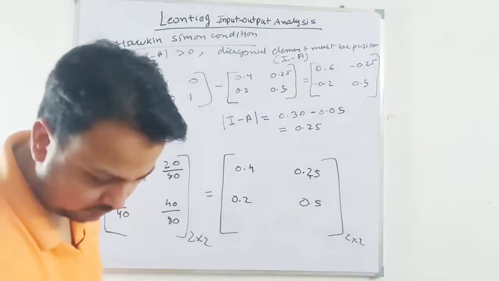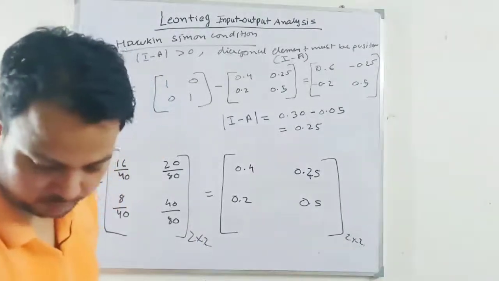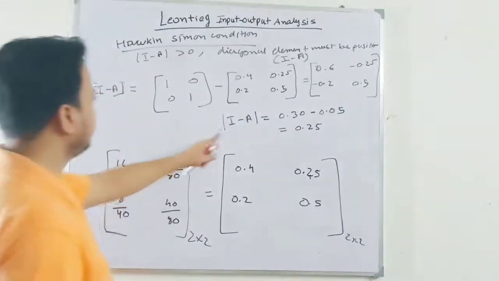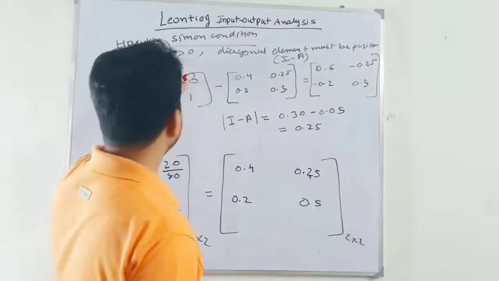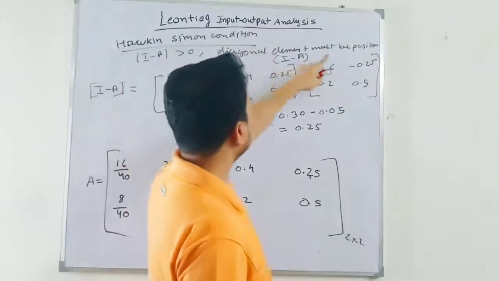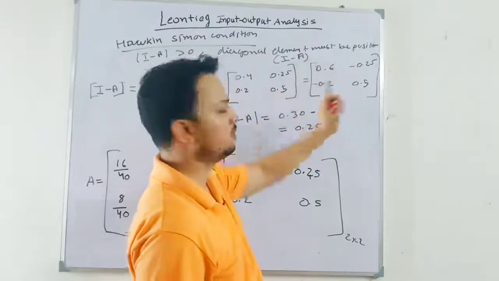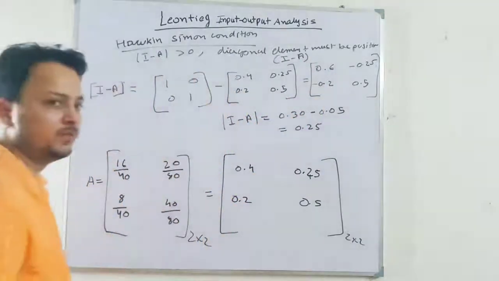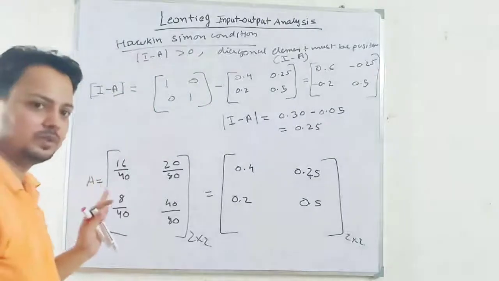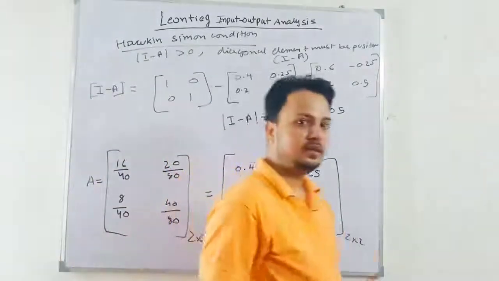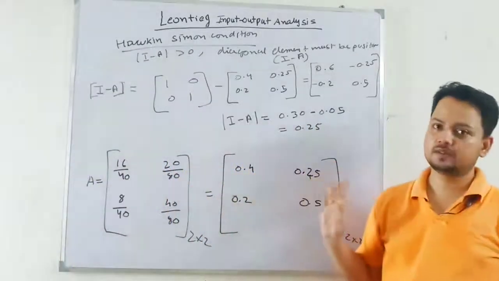So this is positive, so this condition is also satisfied, and the diagonal element of I minus A matrix must be positive. So we have a non-negative solution, which means we will have a feasible solution at equilibrium.